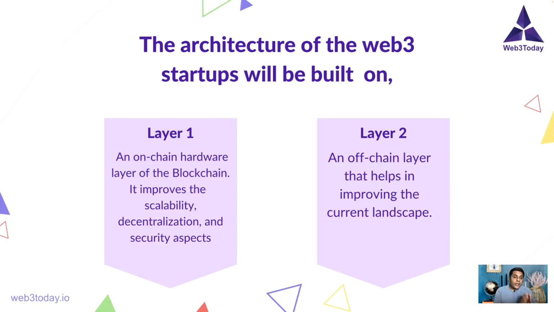Now moving to layer 2 blockchains, they are like an off-chain layer, more like software built on top of a layer 1 blockchain, and they focus more on improving the scalability and other aspects of the existing blockchain.